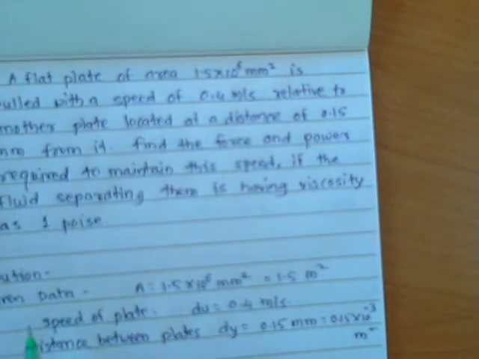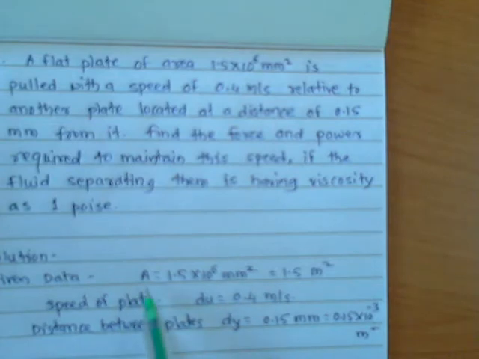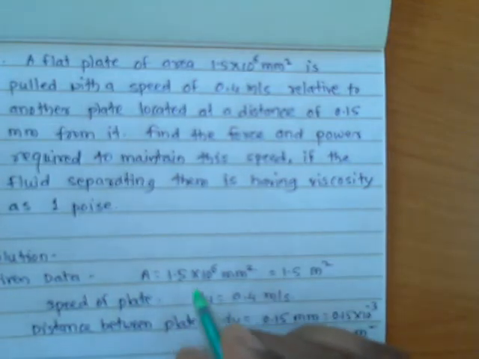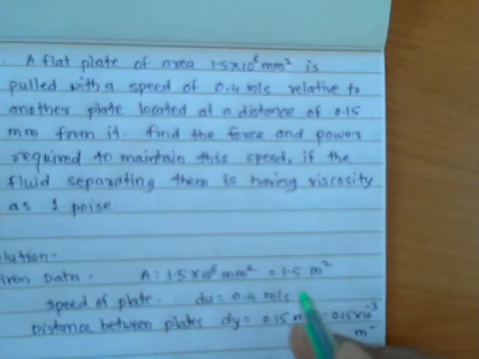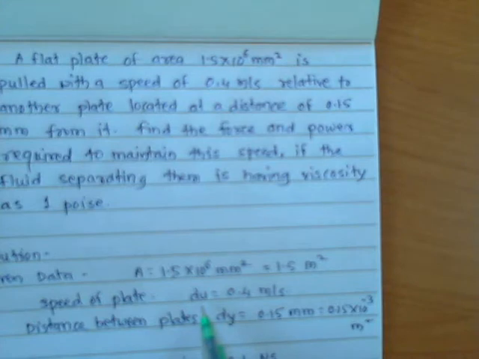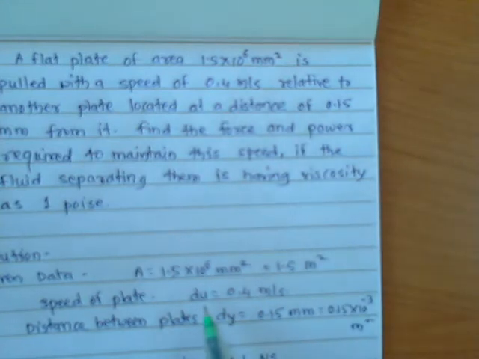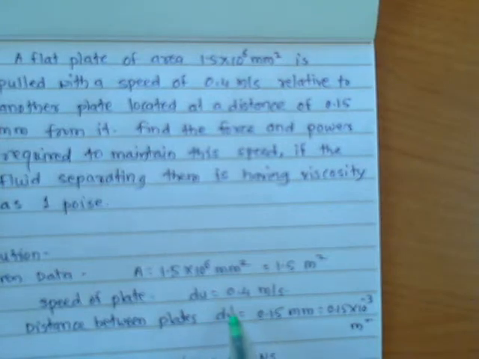So first we will write down the given data. Area of plate A is equal to 1.5 into 10 raised to 6 mm square, which we convert into 1.5 meter square. For the speed of the plate, the initial velocity is zero and the final velocity is 0.4 meter per second, so the difference in velocity du is equal to 0.4 meter per second.